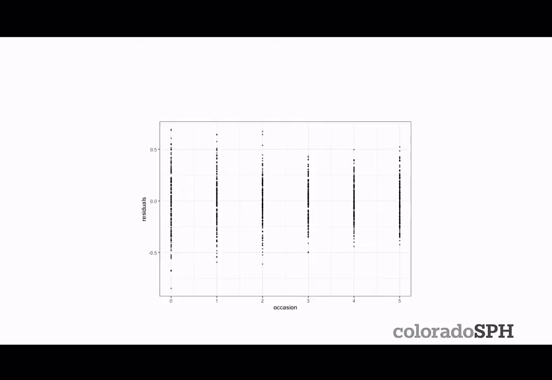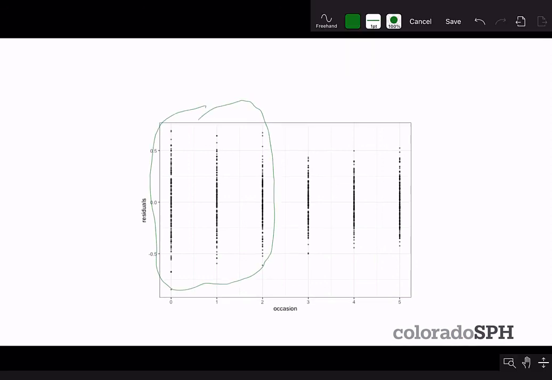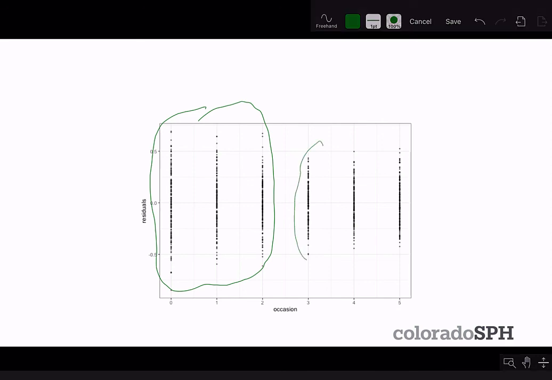And you can see here that, yeah, they're randomly distributed around 0 at each time point, but it seems that at certain time points, especially the time points earlier on, the variability around 0 is larger than it is at some of the other time points. So that suggests to me that maybe we want to consider adding a random slope to this model as well. But we're going to talk a little bit more about evaluating models and also getting inference on both your fixed and random effects in the next lecture.